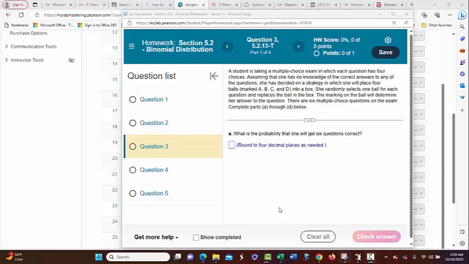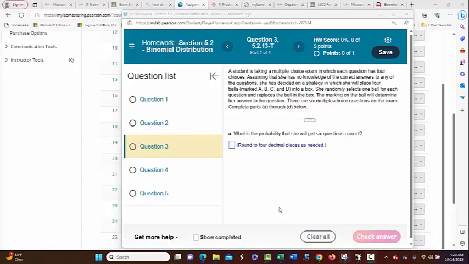Assuming she has no knowledge of the correct answers, she decides on a strategy in which she will place 4 balls, A, B, C, D, marked into a box, select a ball, and then replace the ball. So this is nothing more than randomly picking A, B, C, or D. Drawing balls to pick the letter has no effect on the probability whatsoever.